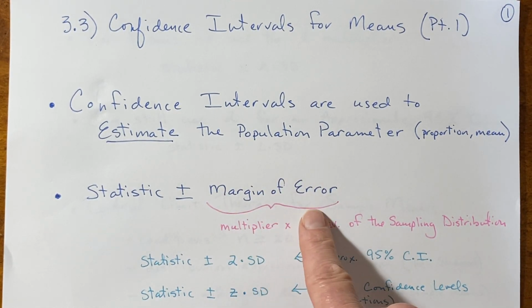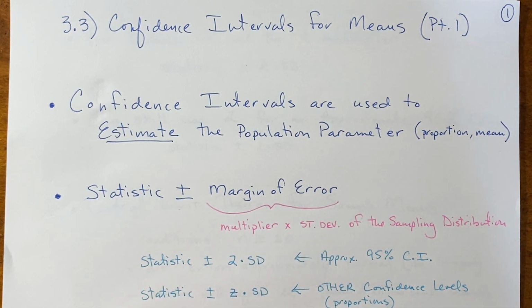That creates our margin of error, which we add and subtract to our statistic, so 2 standard deviations above and below.